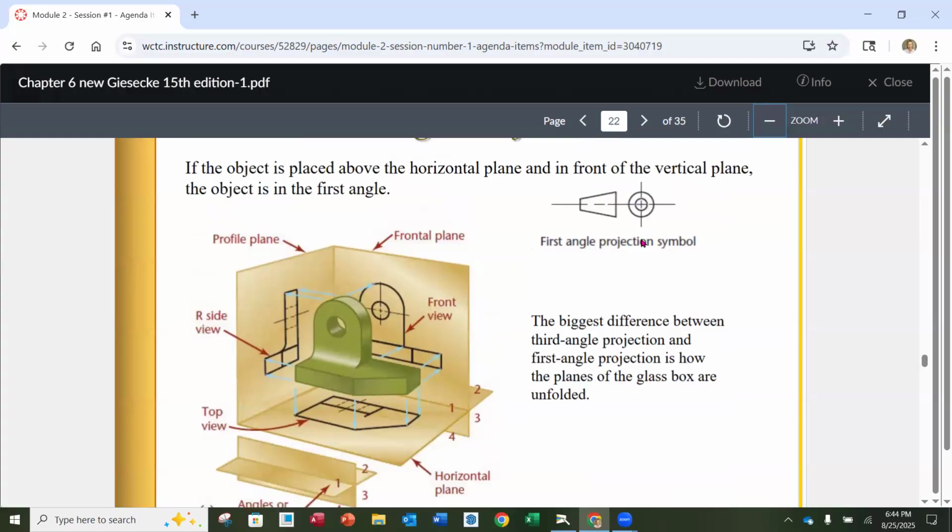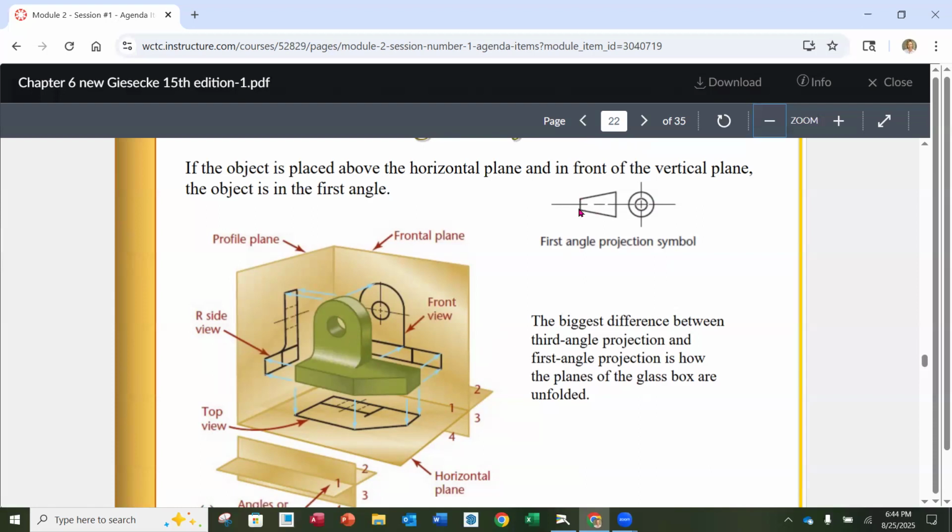Now, you might work with drawings that were generated in other countries. This is where it's important. You have to be able to recognize the symbol here for first angle projection. When we look at the symbol, this is a solid conical cylinder. Notice that this inside circle is on this side.